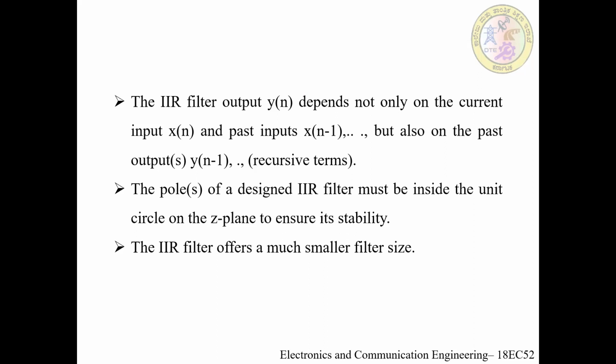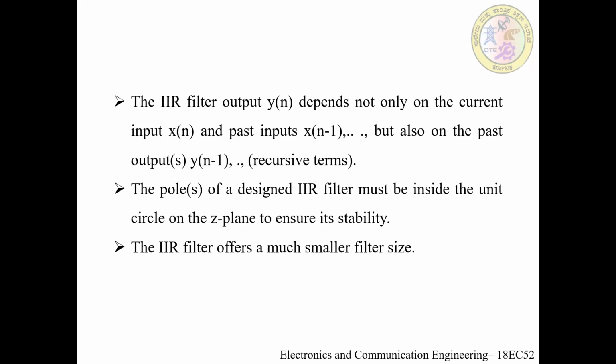Its transfer function is the ratio of a numerator polynomial over a denominator polynomial, and its impulse response has an infinite number of terms. As the transfer function has a denominator polynomial, the poles of a designed IIR filter must be inside the unit circle on the Z plane for stability.